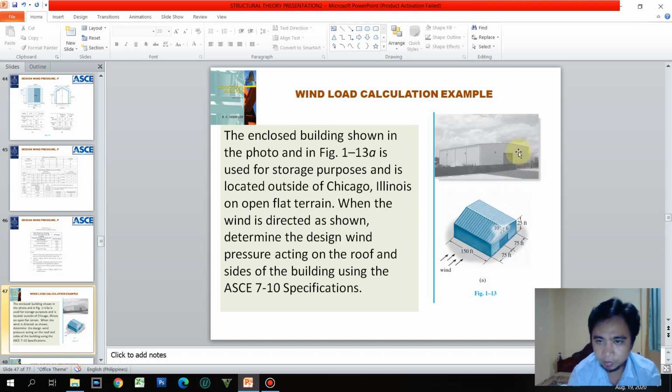As we can see here, the building is totally enclosed, and the wind direction is perpendicular to 150. Parallel is also 150. We have the roofing inclined at 10 degrees.